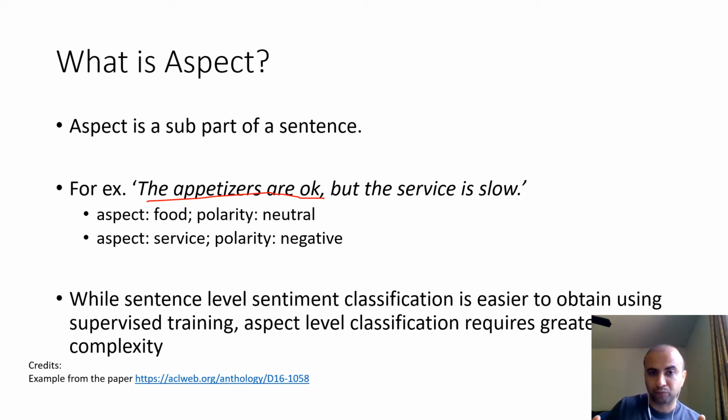The overall sentiment of the whole sentence can maybe be neutral or maybe negative, but if we look by the aspect, food, the appetizers are okay, they're not bad, they're neutral, but the service is slow, the service is negative. So what aspect helps us to do is a more fine-grained analysis of a sentence of text. And this is the aspect that the paper wants to address.